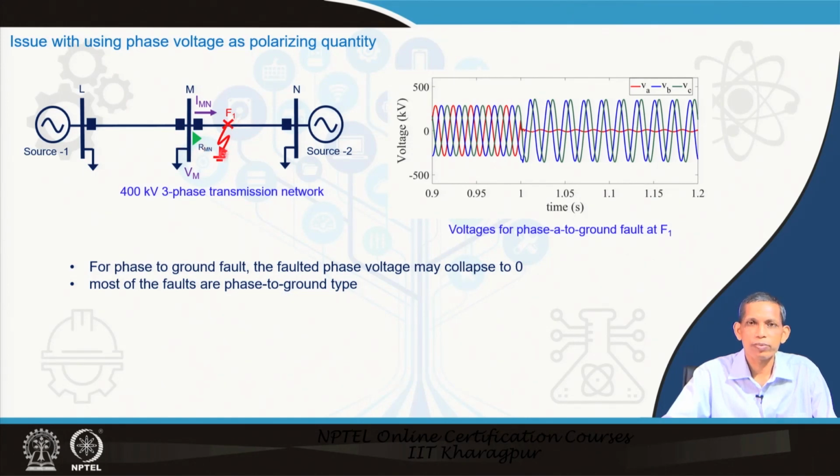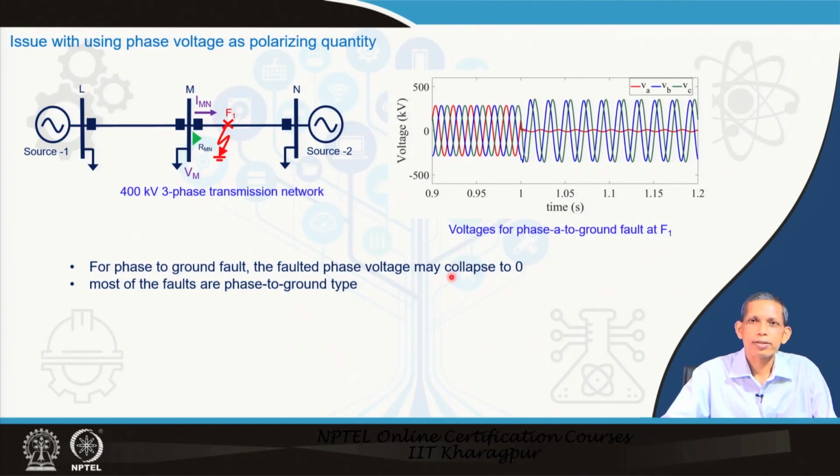For this fault F1, a 3 phase fault in this transmission system, if the fault comes out to be very close and the source is strong and this line is not long, then phase A voltage here collapses and has a substantially lower value, as compared to the other phase voltages, because of the fault being close to the relay bus.